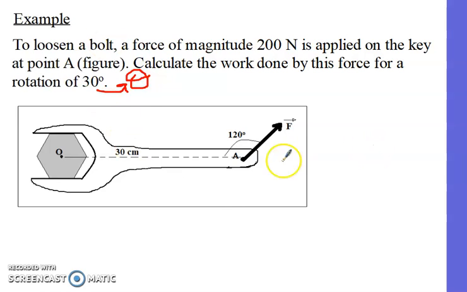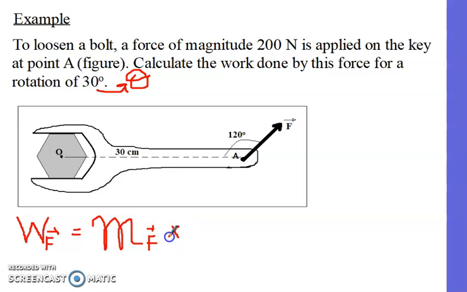Okay? So by definition, what is the work done by the force in rotation? The work done by F in rotation, as you know, is the moment of F with respect to delta times the angle theta. But the moment of F is by definition F times the perpendicular distance, right?